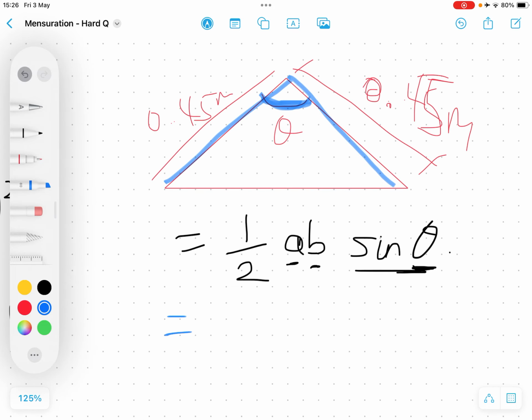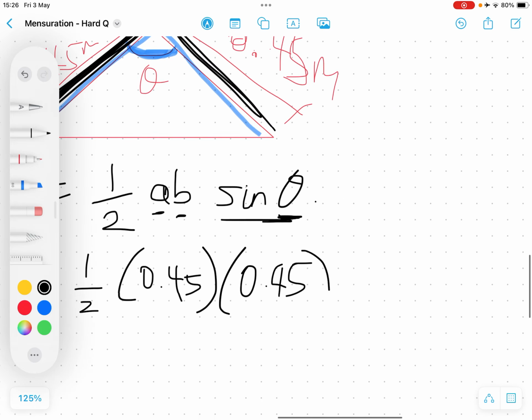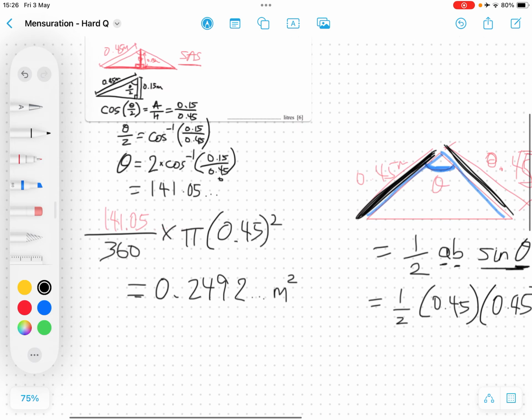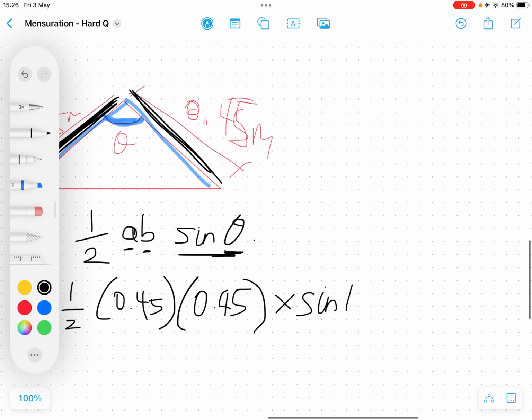So therefore the area of this triangle is 1/2 times 0.45, which is the length of one side, multiplied by 0.45, which is the length of the other side, multiplied by sine theta, which we've calculated here as 141.05.